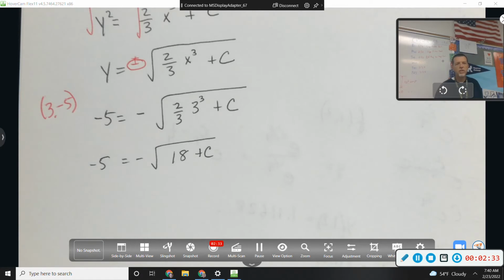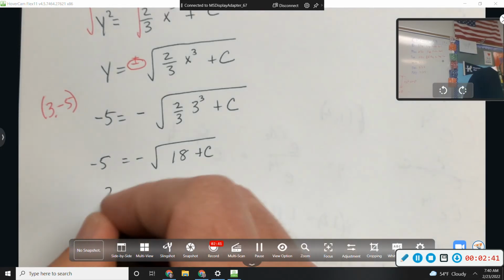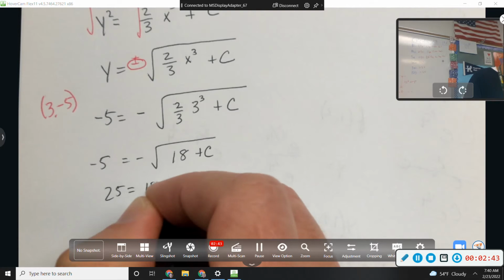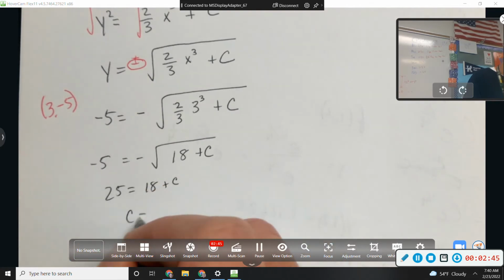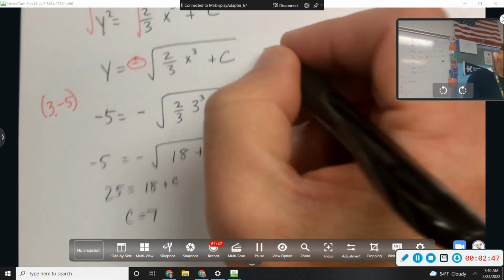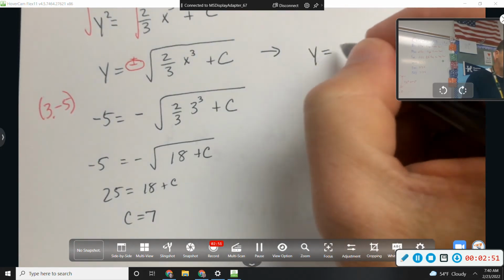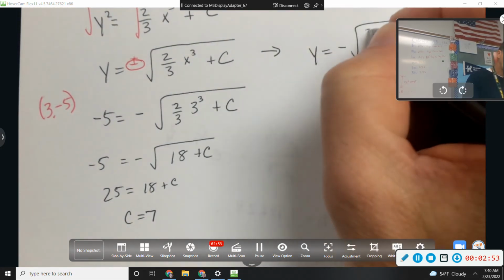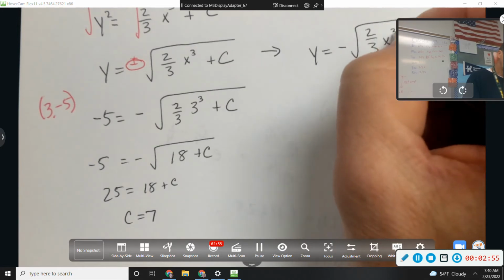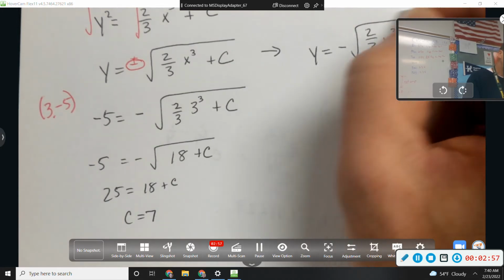Then we could square both sides, or we could look at it. Some of you could just look at that and figure out what the c needs to be to make it work. But I guess the official way would be to square both sides. And c equals 7. So y equals negative square root of 2/3 x cubed plus 7.